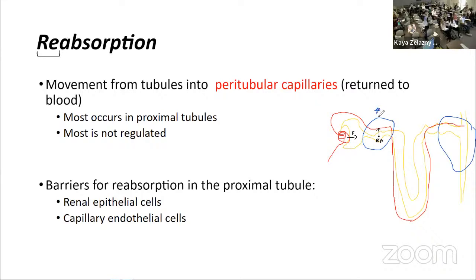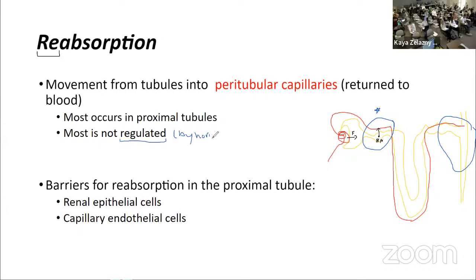Most of this is not regulated when we're thinking about reabsorption, and that's particularly true about the proximal tubule. When I say regulated, we're going to see as we get to the end of our nephron, to that distal convoluted tubule and the collecting duct, that hormones make a difference. So when I say regulated, I mean by hormones.